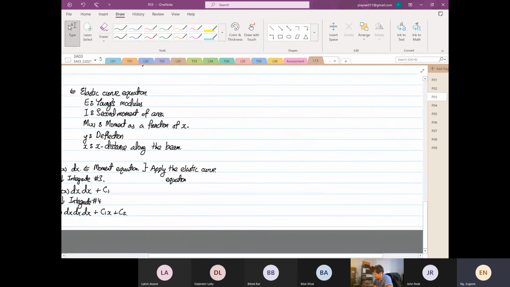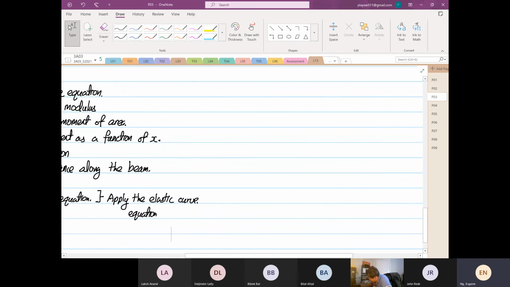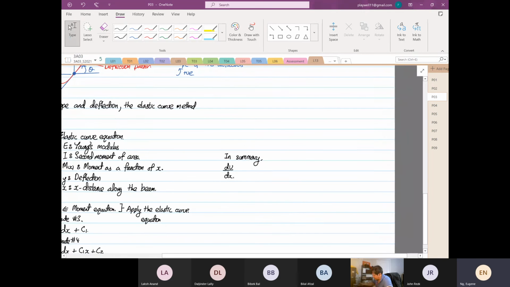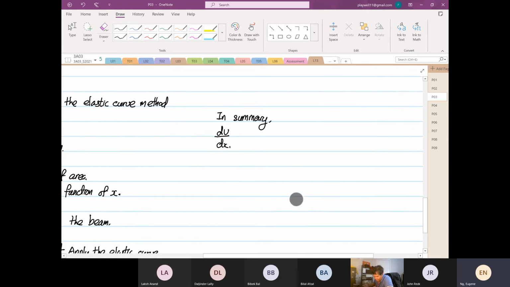So in summary, with this method, we start from dV by dx equal to minus omega as a function of x.